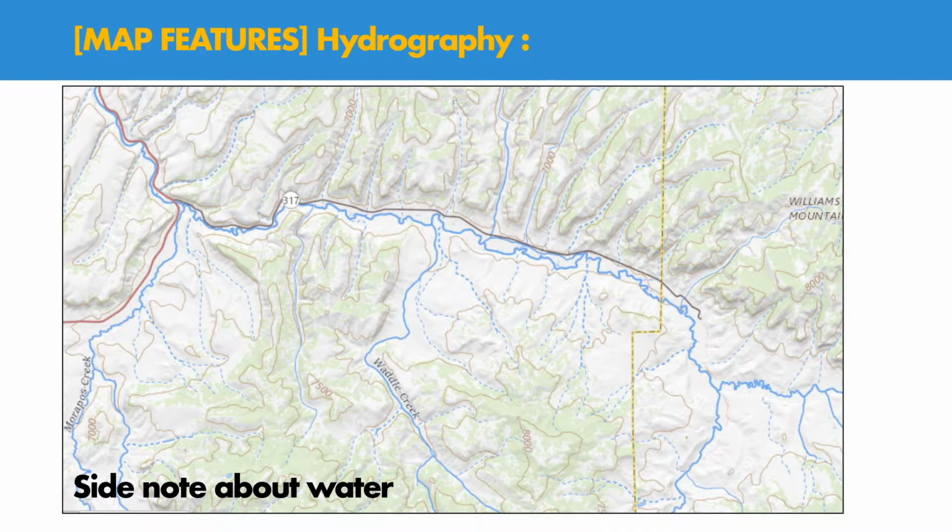Before I move to another map excerpt, I want you to know that topographical maps do not distinguish between drinkable water and undrinkable water like salt water. But this is not a big deal, because most of the time the coastal water bodies are likely to be saltwater and undrinkable, and an inland water body like a creek or a river is drinkable.